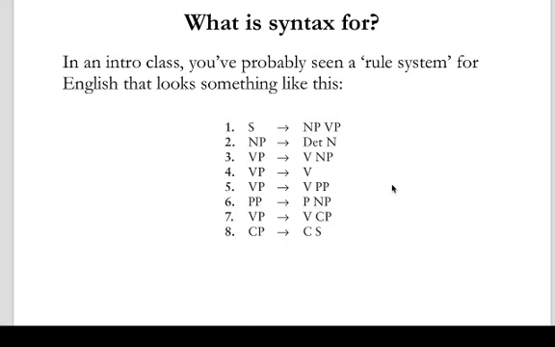And we keep doing this over and over again and say these phrases over here also break down into some kinds of categories. And this is basically taken to be a description of a native speaker's knowledge of how English words and phrases combine to make sentences or something like that.